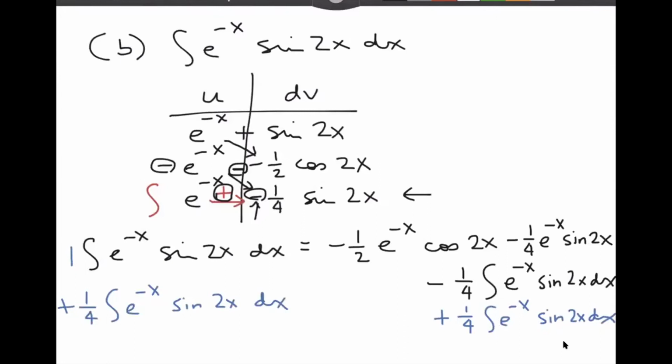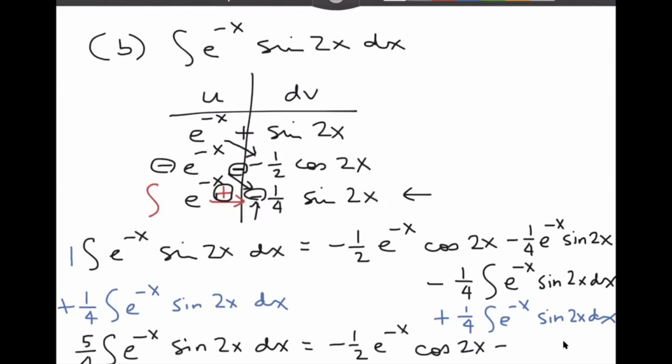Okay. What is 1 plus 1/4? It's 5/4, right? So on the left side, we have 5/4 the integral of e to the negative x sine 2x dx is equal to negative 1/2 e to the negative x cosine 2x minus 1/4 e to the negative x sine 2x.